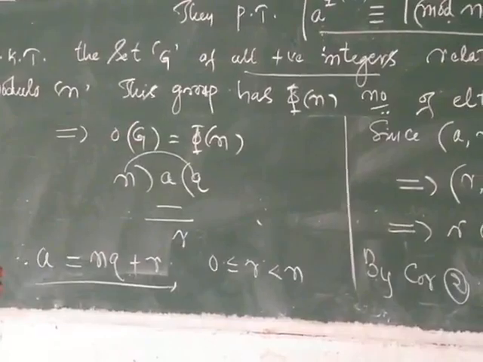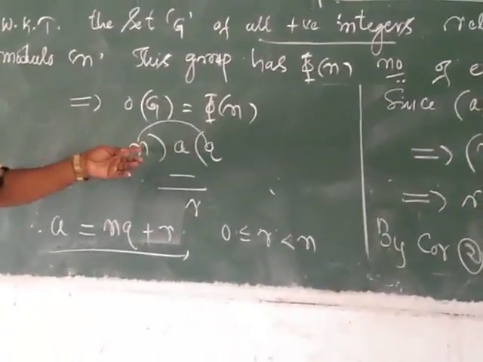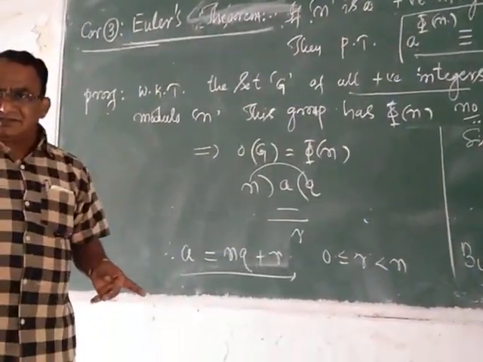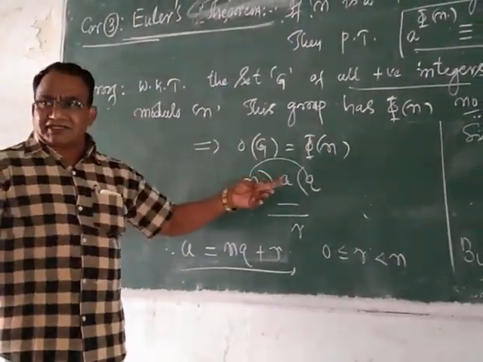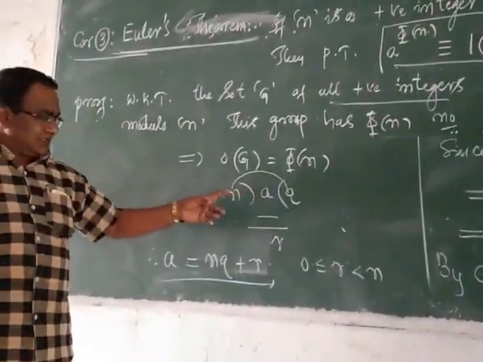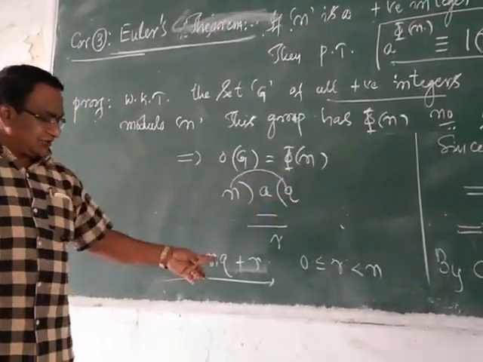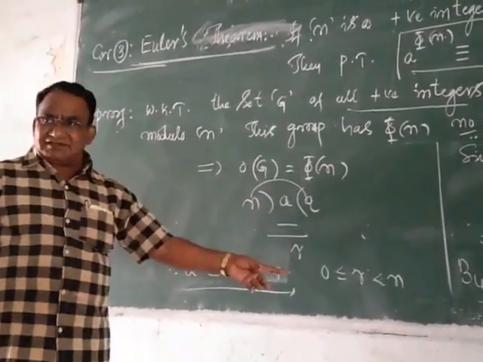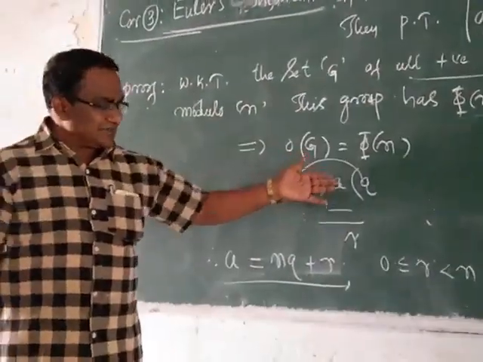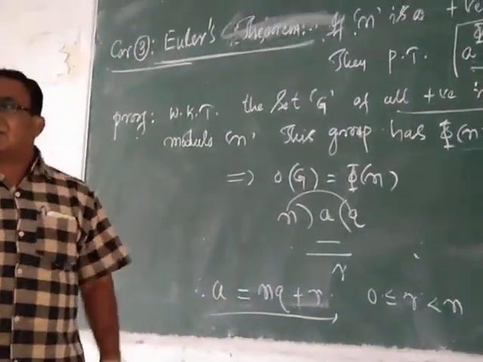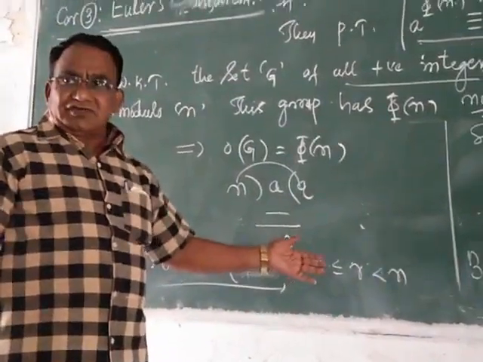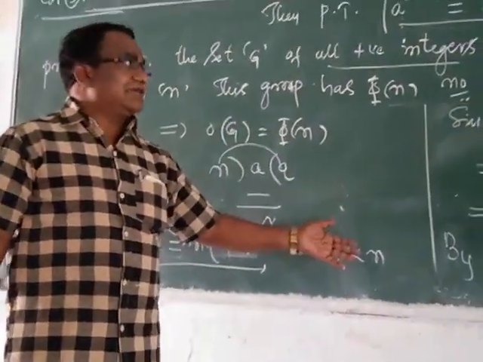Divide A by n. Let Q be the quotient and R be the remainder. By the division algorithm, I can write A = nQ + R, dividend equals divisor times quotient plus remainder, or in terms of congruence modulo n, A is congruent to R mod n, where 0 ≤ R < n.